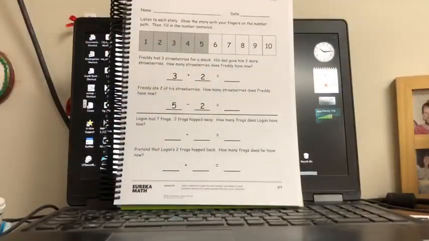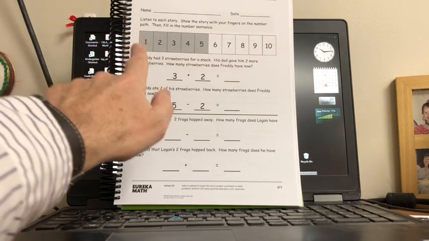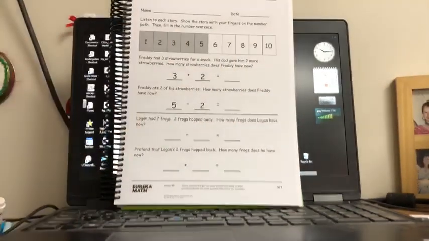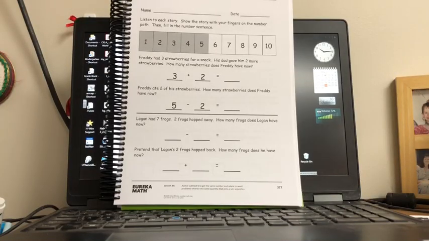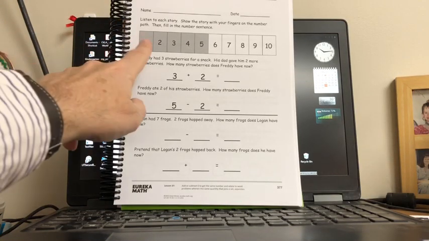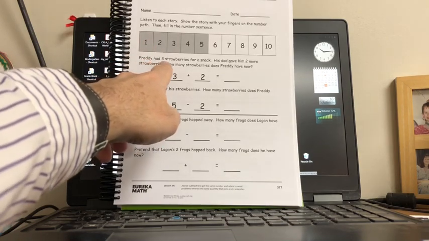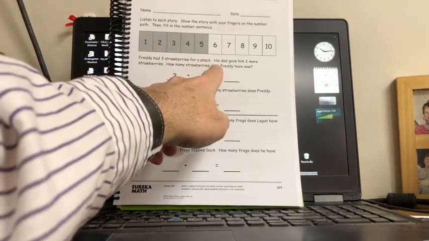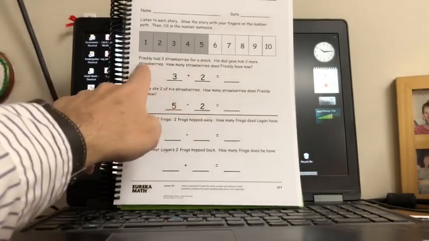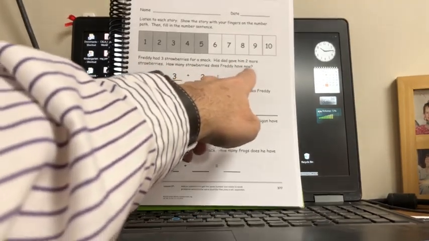All right, here's your worksheets for math today. You notice that we have a number line just like the one that I had on the floor. Remember when you count your number lines that you start here with 1. For example, this story says Freddie has 3 strawberries for a snack. His dad gave him 2 more strawberries. How many strawberries does Freddie have now?